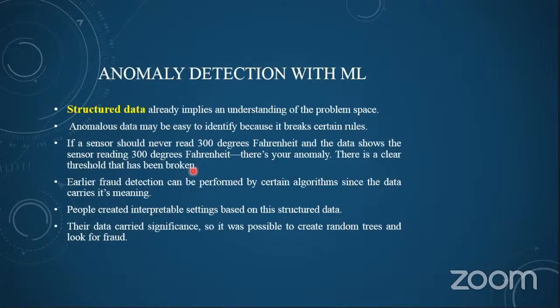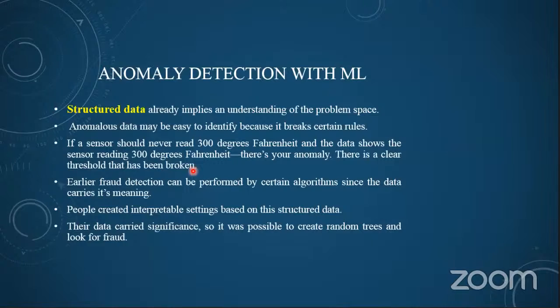That means a threshold has been broken, because we put a sensor in a particular application to read only up to 100 degrees Fahrenheit, but the sensor data shows 300 degrees Fahrenheit. So that's an anomaly. That means either the threshold is being broken or the actual system is having some problem.